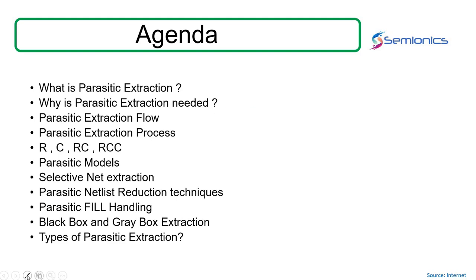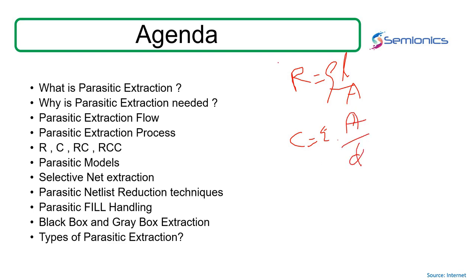One thing to keep in mind here is that you may have come across these equations: R is equal to rho L by A, and C is equal to epsilon A by D. These two equations you may have studied in your engineering, and even while working, we still use them.